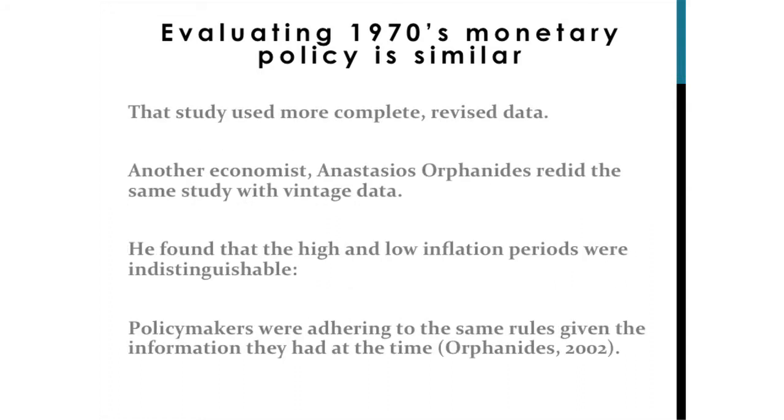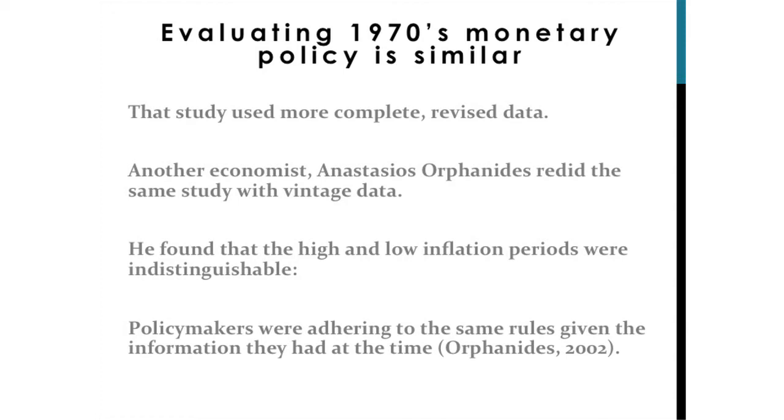The study he used was with complete, more revised data that we can currently look at and say, oh, the picture makes more sense to us. And another economist, Anastasios Orphanides, redid the same study using vintage data from the 1970s.